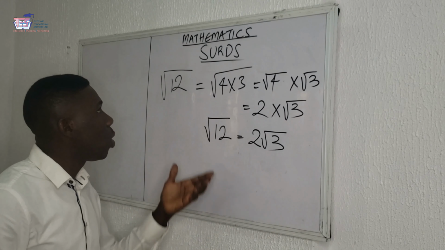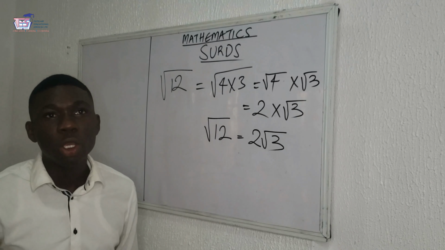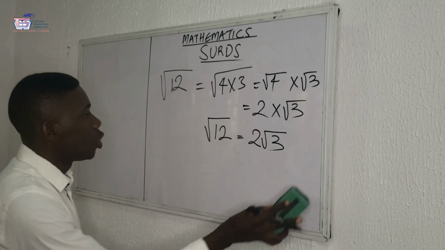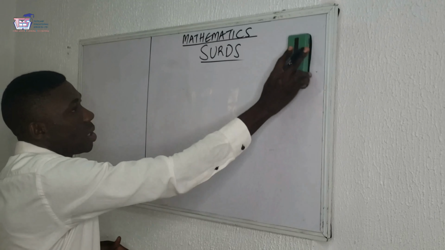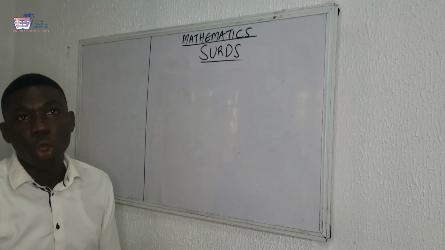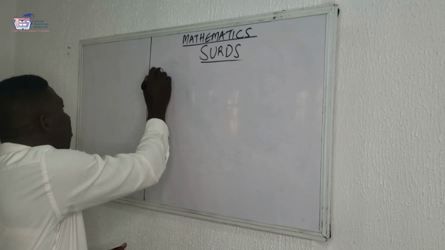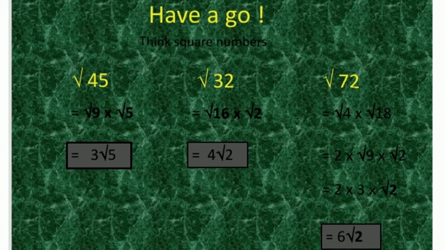Now, based on this example, let's have a go at some surds, on how to write some roots of non-perfect squares as surds. For example, the first one here we have root 45.